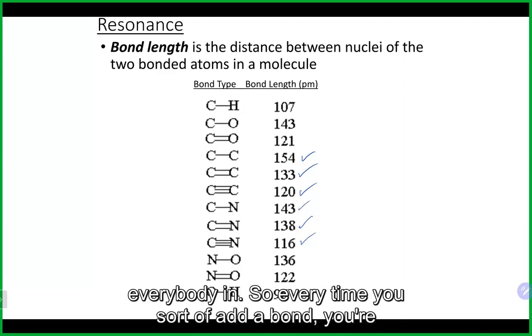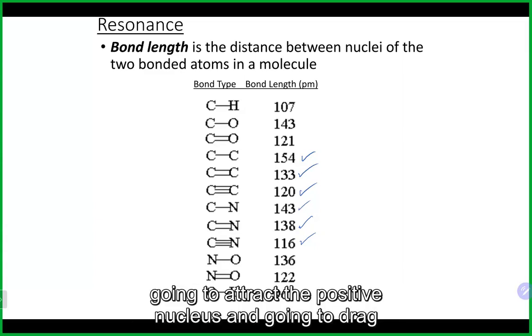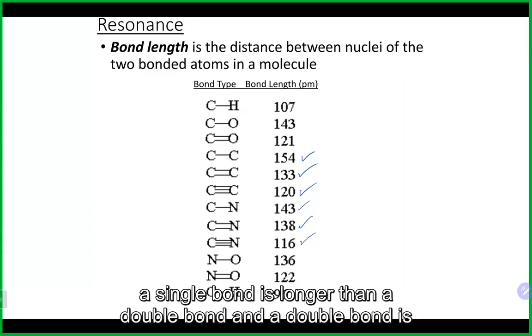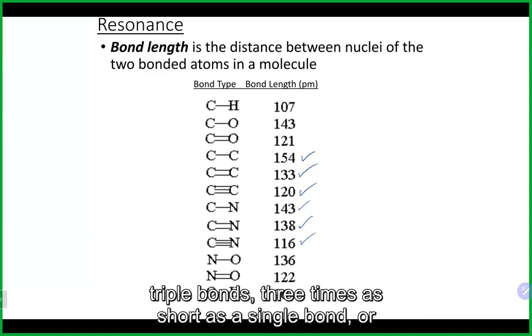So every time you add a bond, you're making a lot more negative charge between the 2 atoms, going to attract the positive nuclei and drag everybody in closer to one another. So typically speaking, a single bond is longer than a double bond, and a double bond is longer than a triple bond. It's not like a triple bond is 3 times as short as a single bond or anything like that.